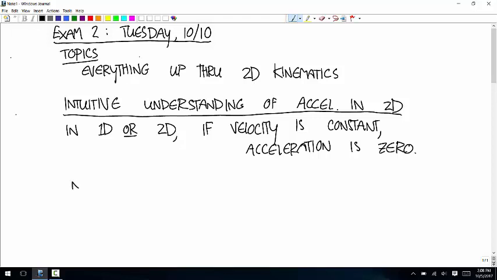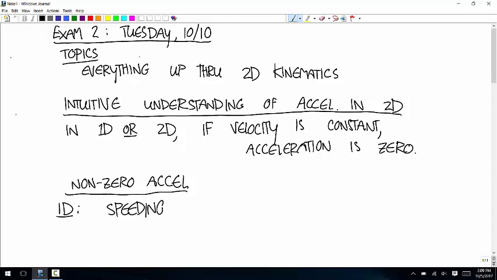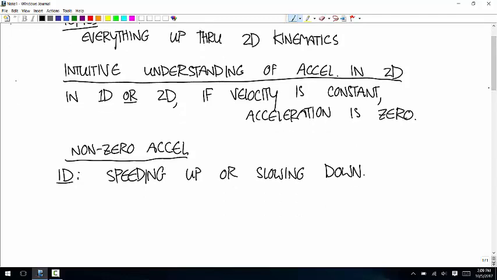But if you have non-zero acceleration, so if the velocity is changing and you have acceleration, in 1D, that could only mean that the thing is either speeding up or slowing down. That's all there was in 1D for acceleration. But in 2D, there's something new that acceleration can do.